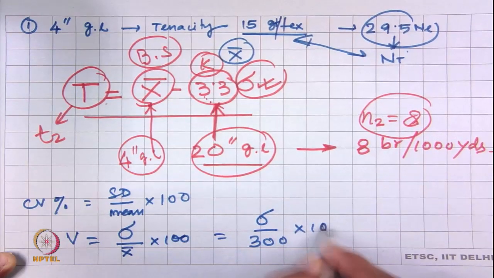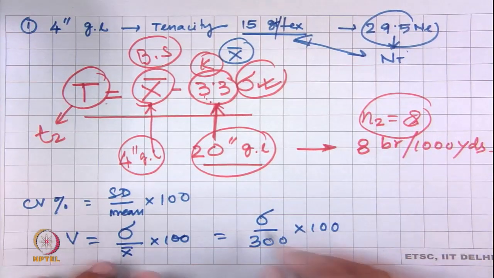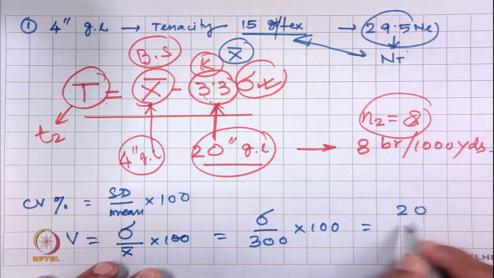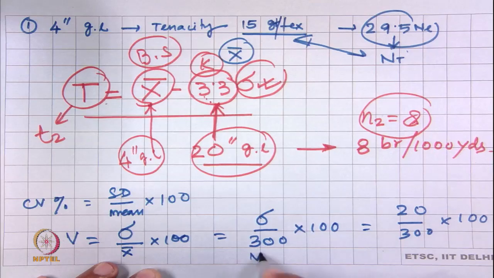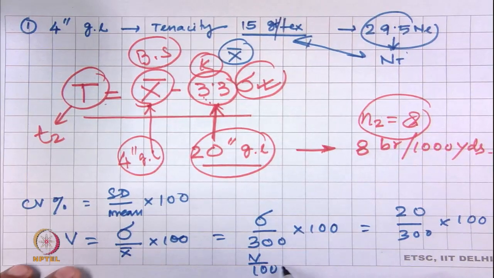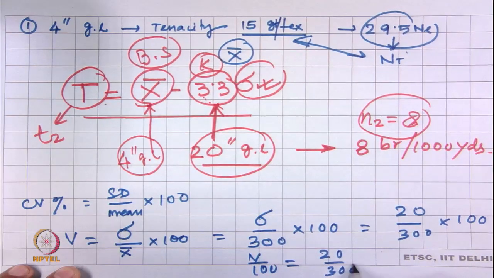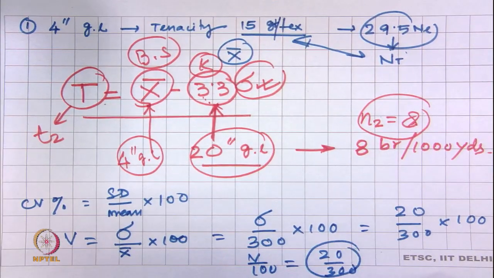So basically it is 20 by 300 into 100, and V by 100 we can write as 20 by 300. That is what is replaced here.